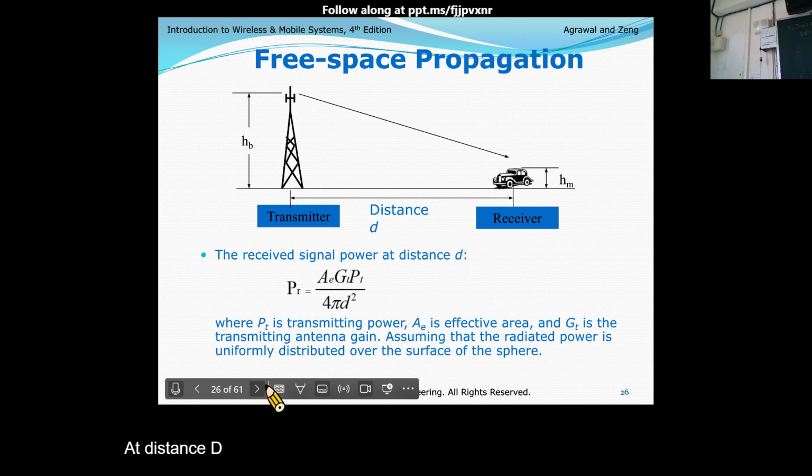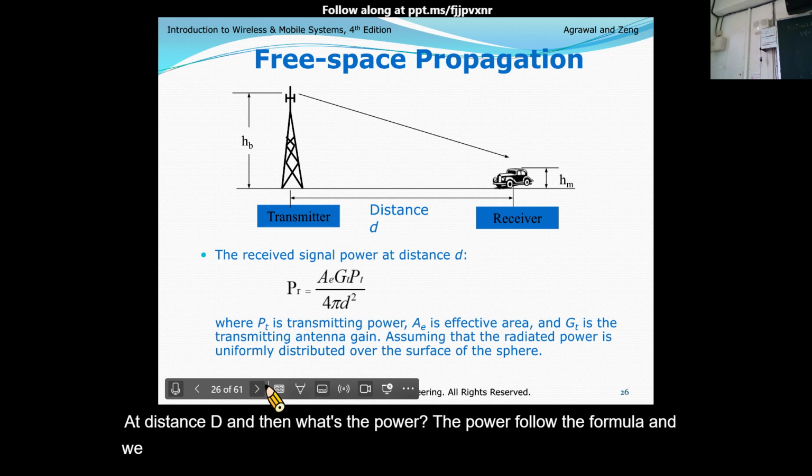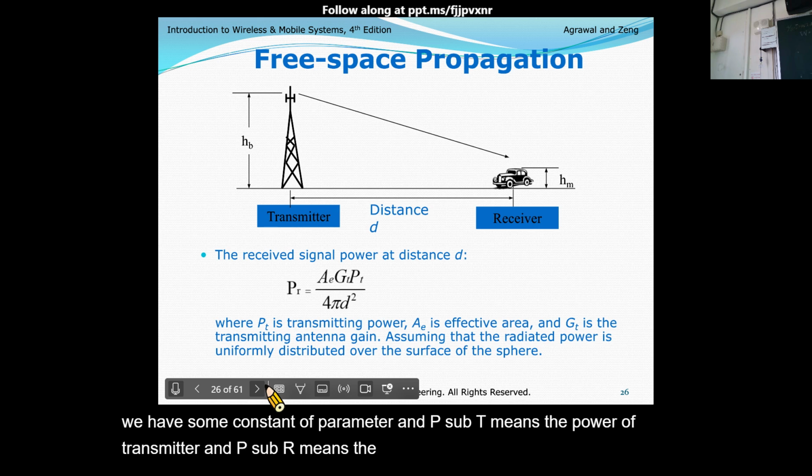The power follows the formula, and we have some constant or parameter. P sub T means the power of the transmitter, and P sub R means the power of the receiver. And d actually is the distance.